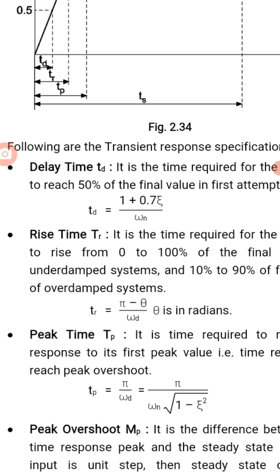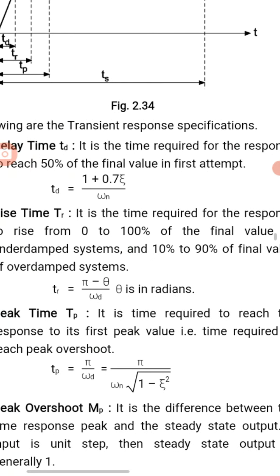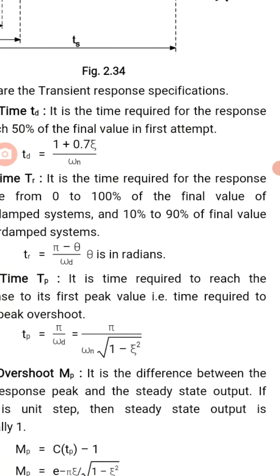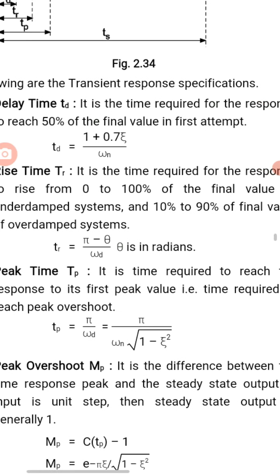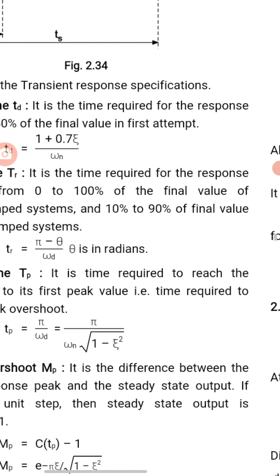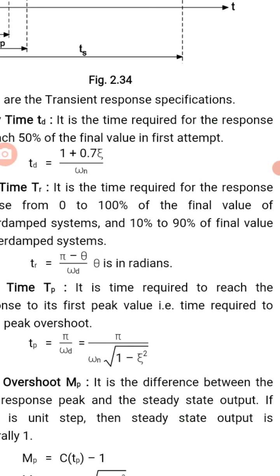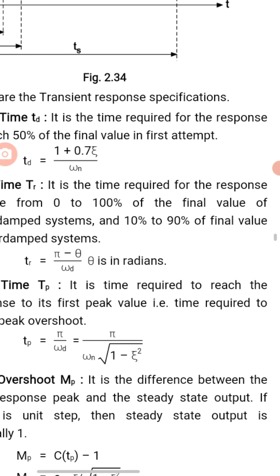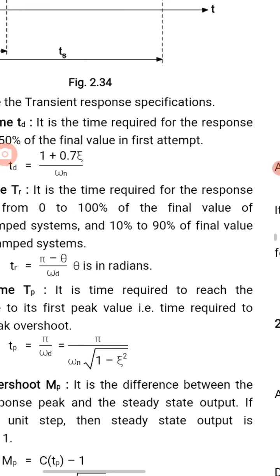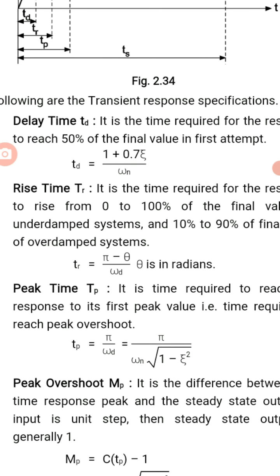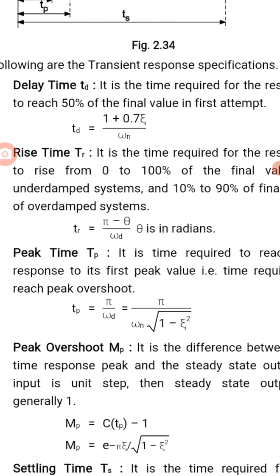Then rise time: it is the time required for the response of the system to go from 10% to 90% of the final value for an overdamped system, and from 0 to 100% for an underdamped system. So you can write any definition.